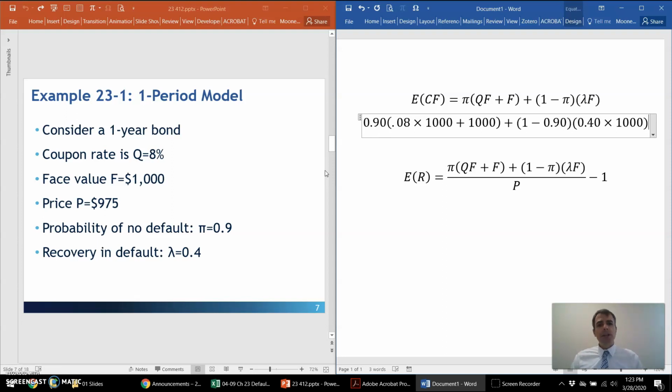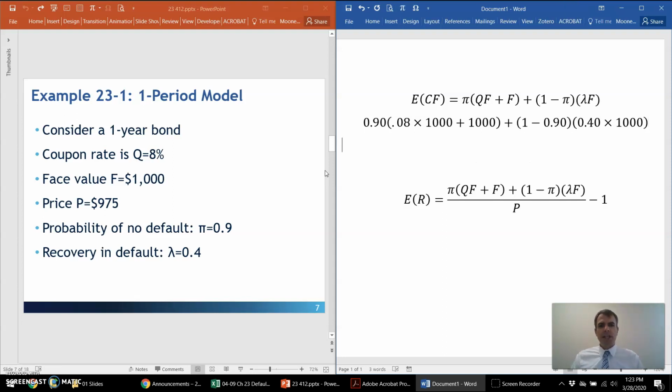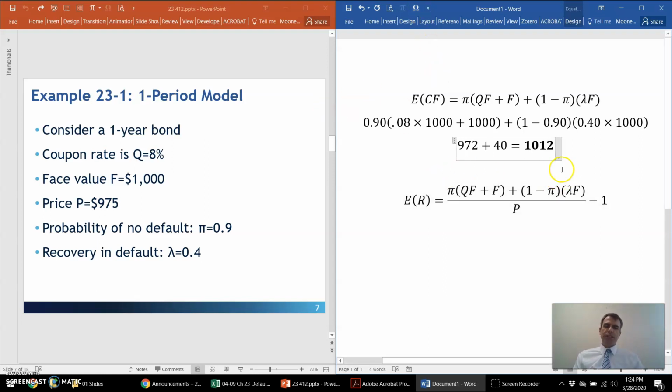So in the event of default, we're assuming that bondholders get about 40 cents on the dollar in terms of face amount. So this math comes out to 0.9 times 1,080 is 972, plus 0.1 times 400 is 40, right? And so the expected cash flow from this bond is $1,012 based on the probabilities of these cash flows happening.